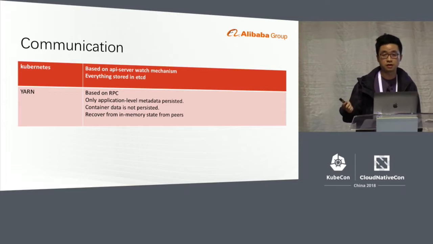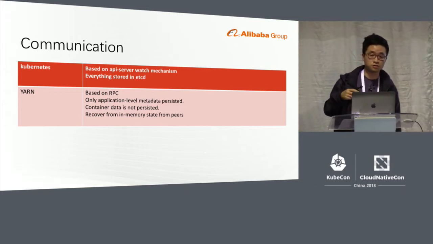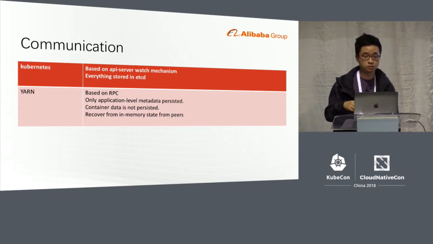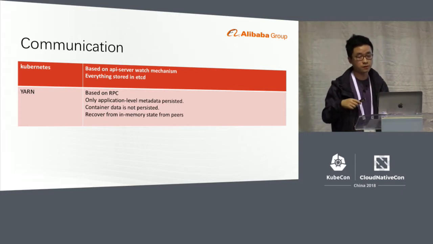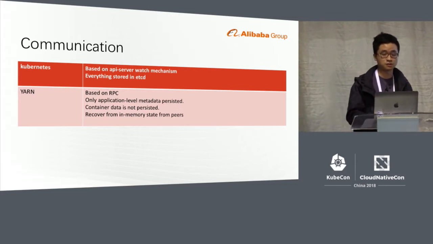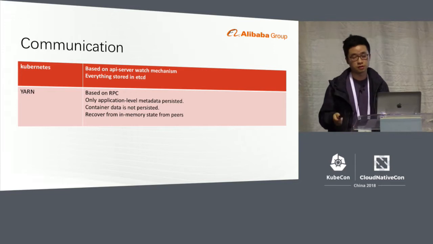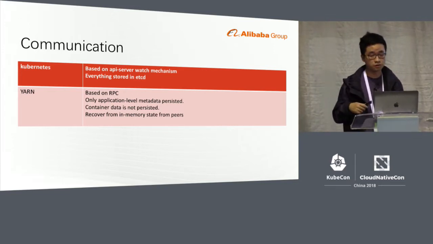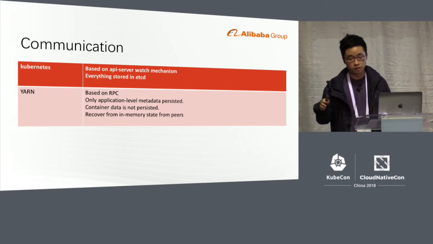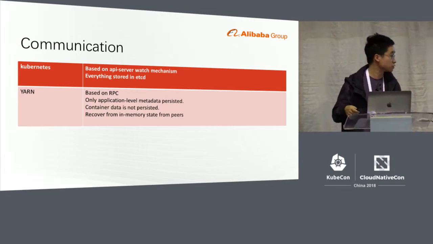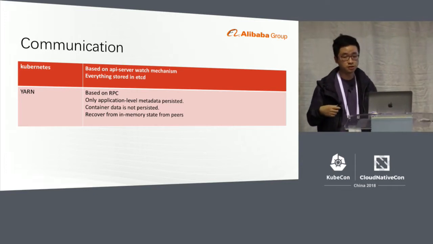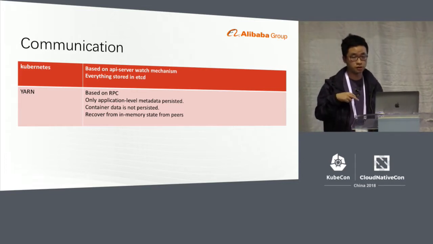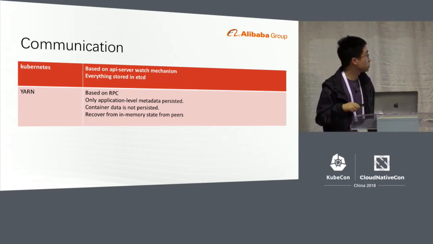The benefit of this is that when doing recovery, you don't have to put everything into persistent data storage. This will lower the latency, and after recovery, the state goes from memory to peers, and you can get information from peers and then reconstruct the schedule.